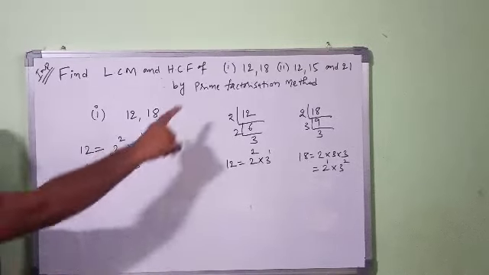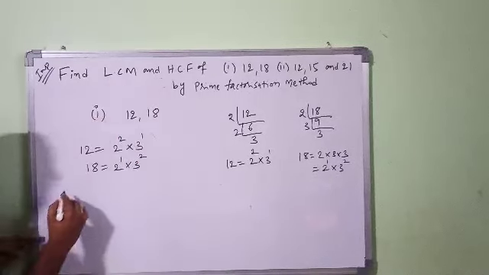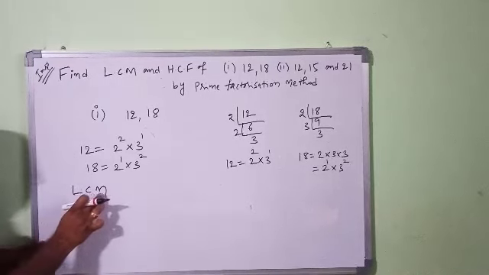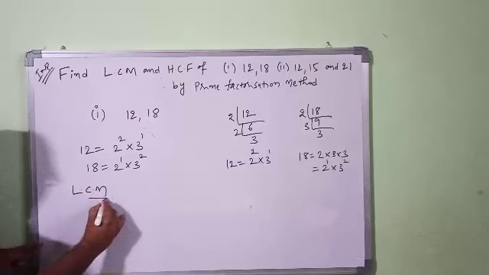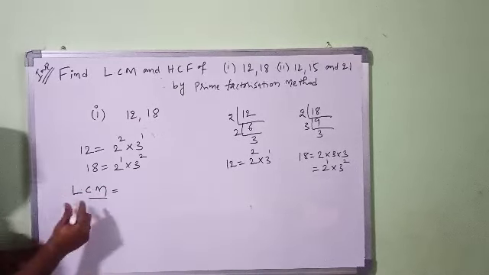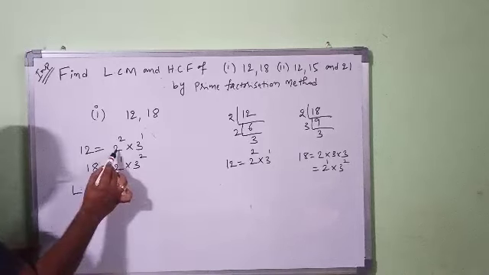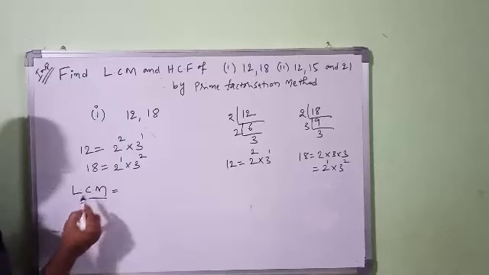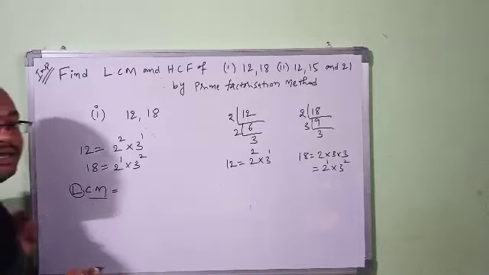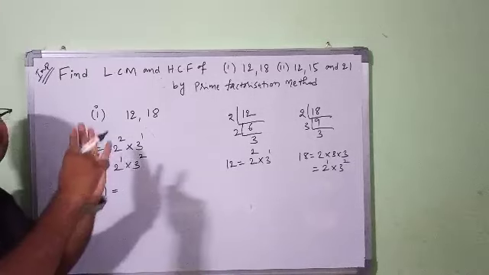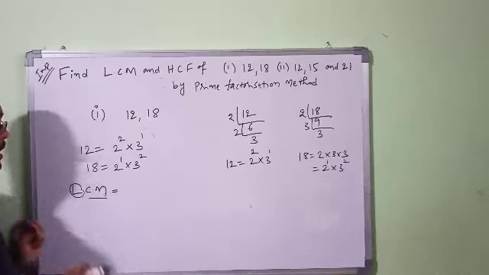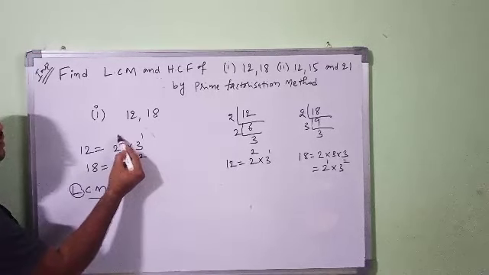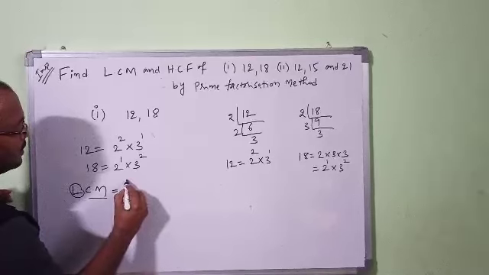Now, first what do we want here? LCM. LCM means least common multiple. In these two numbers, 2 is common and 3 is common. So for LCM, we have to take the highest power in the common terms. For 2, we have 2 power 1 and 2 square, and the highest power is 2 square.